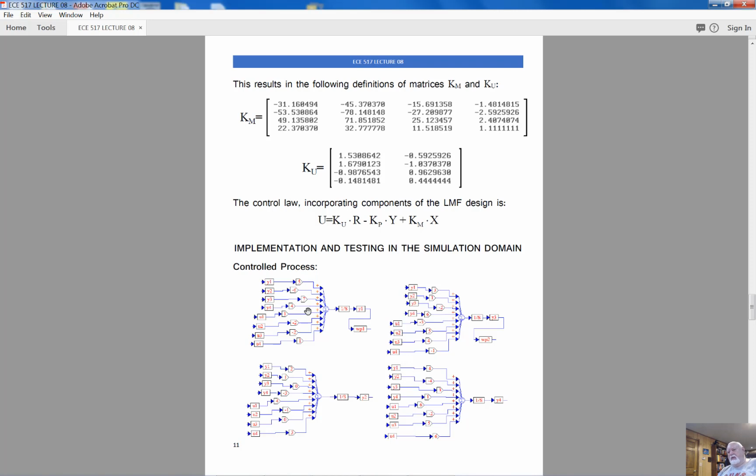The control plant has 4 state variables, 4 control efforts. This is how we get x1. This is how we get y1. This is how we get y2.